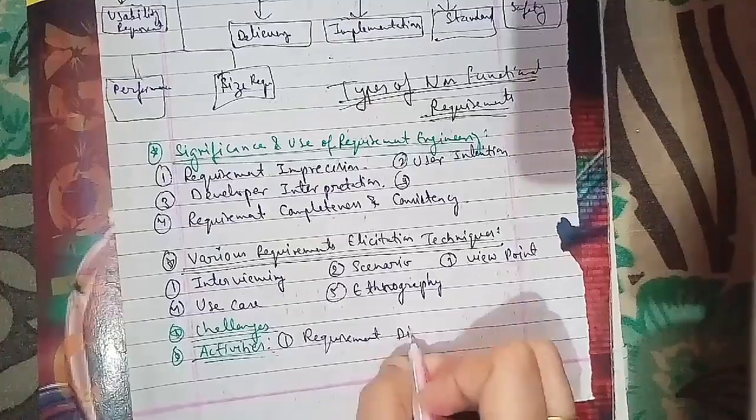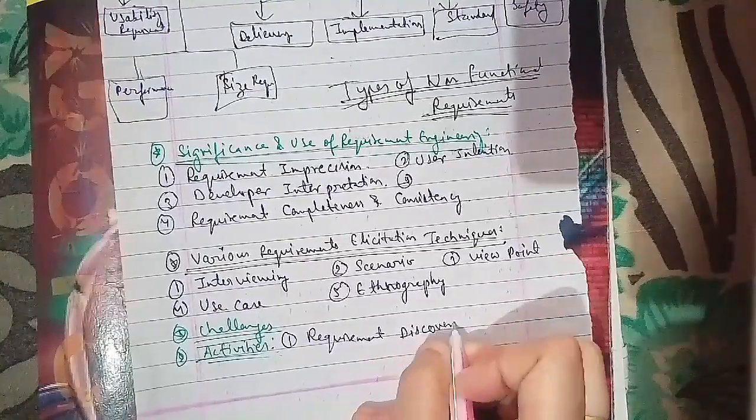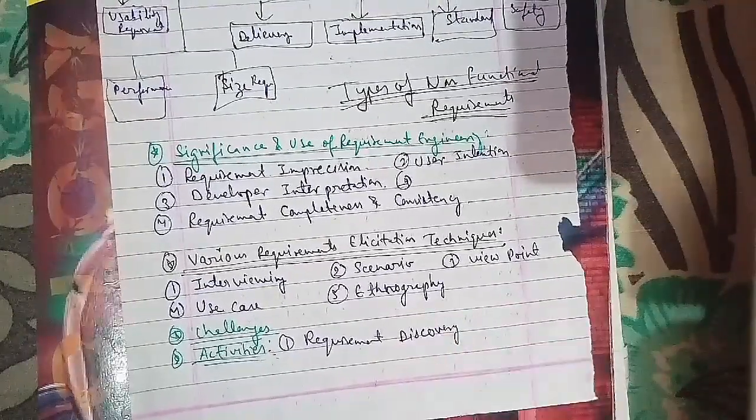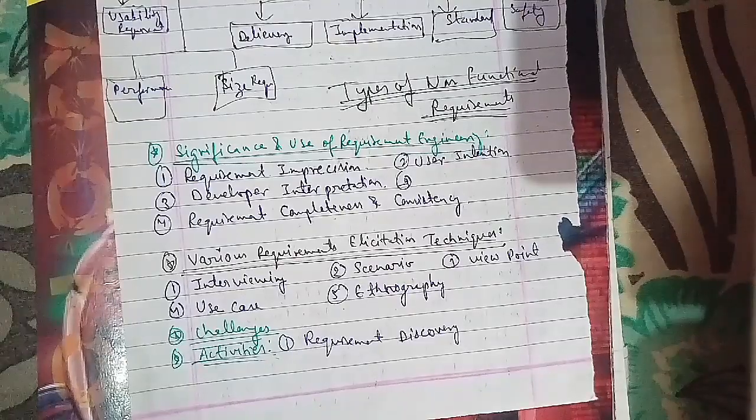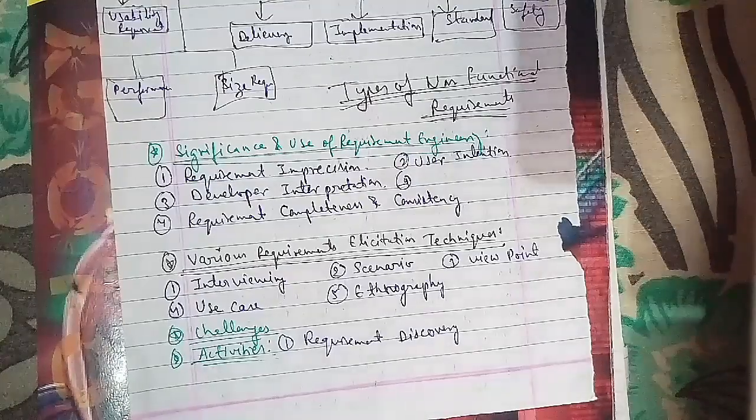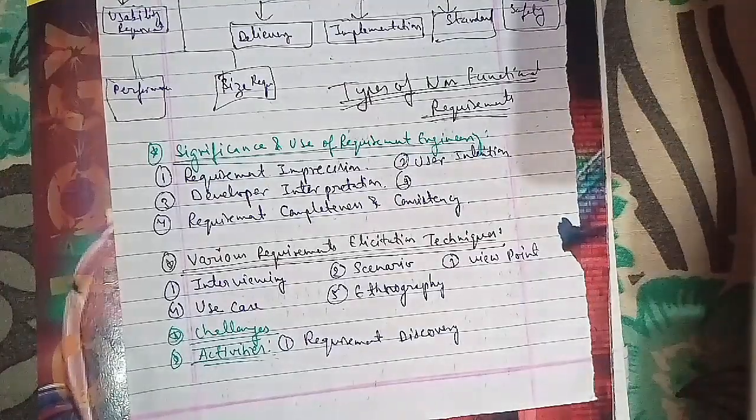In requirement classification, all the unstructured requirements are categorized systematically depending upon their nature, and they are arranged in groups as well.